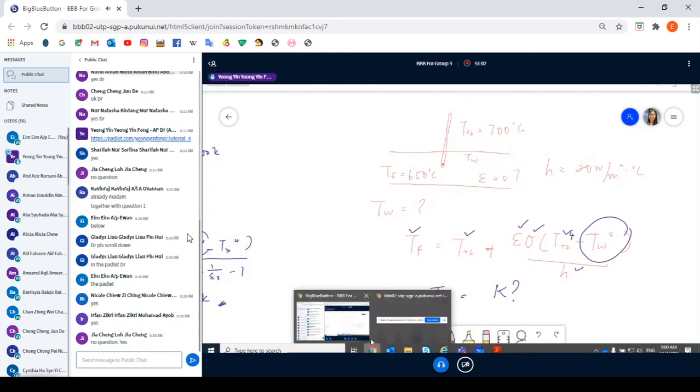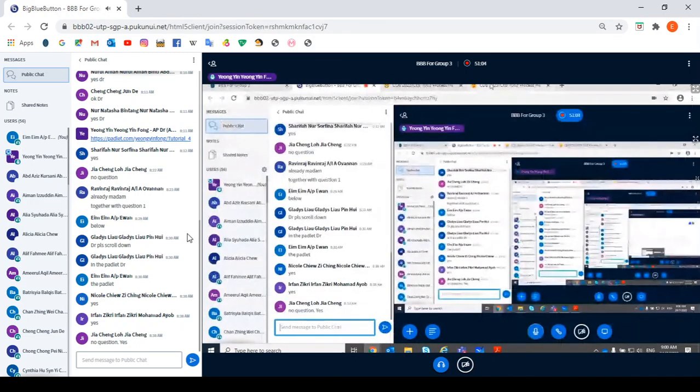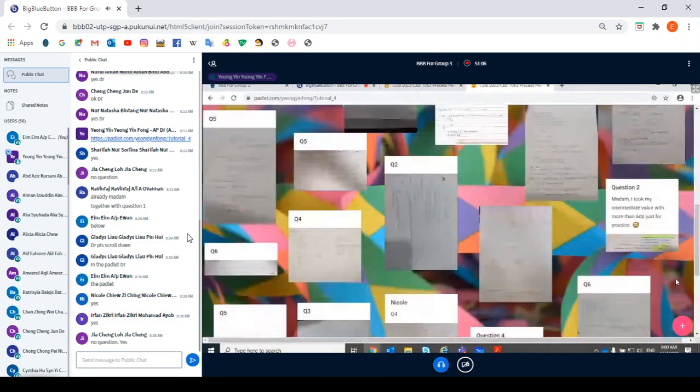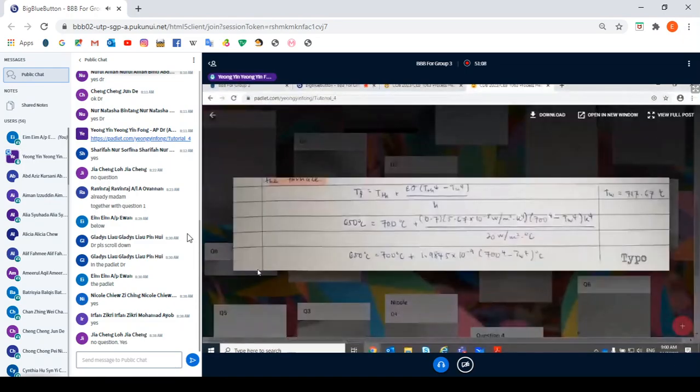Okay, let me check the Padlet and see your answers. Q6. Yeah, so simple and straightforward over here. Wall temperature. Students, I guess that's the one you need to convert to Kelvin.